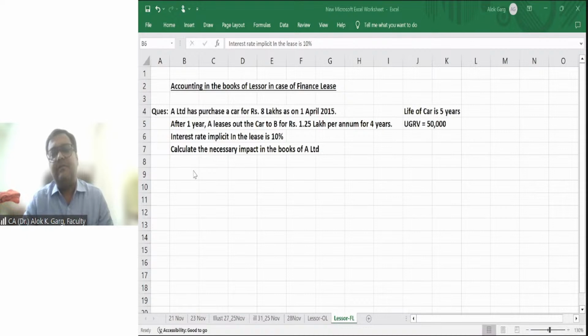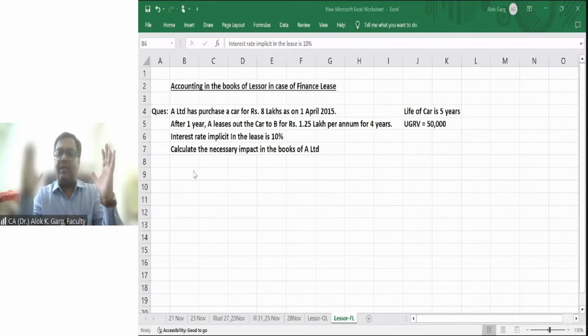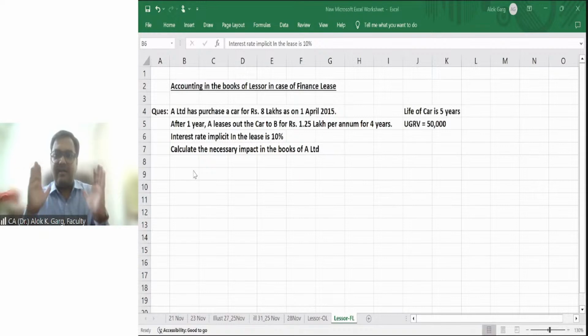So friends, lessee is, in every case, whatever lessee is paying to the lessor, lessee is creating an asset. So the life is single, consistent, and simple for the lessee. But if I talk from the lessor perspective, the asset belongs to the lessor.